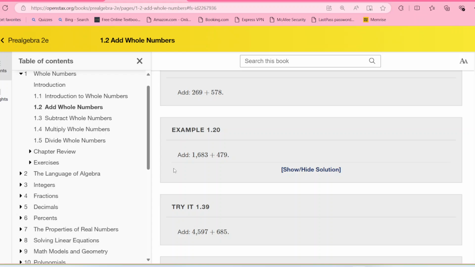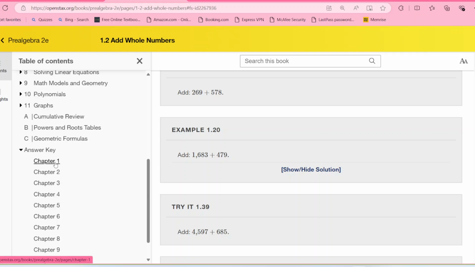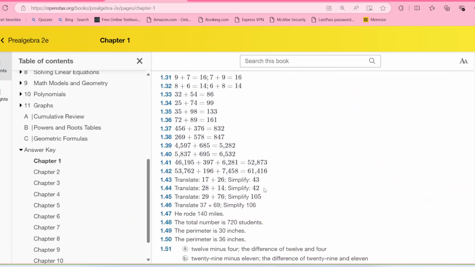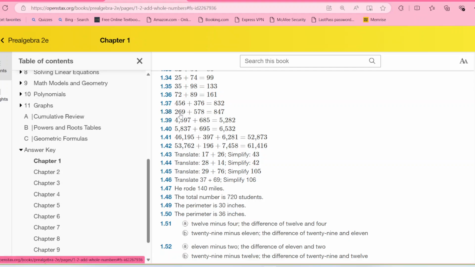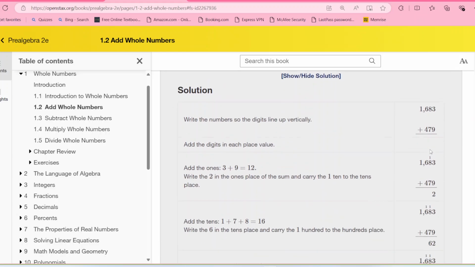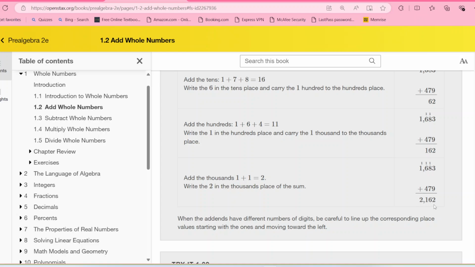Notice nothing really changed there, just the size of the numbers, just the number of digits, but the procedure was the same. Oh yeah, and that was an example. I could just check it right there. All right, example 1.20. See, again, they go through adding from right to left, ones place to thousands place, 2,162.